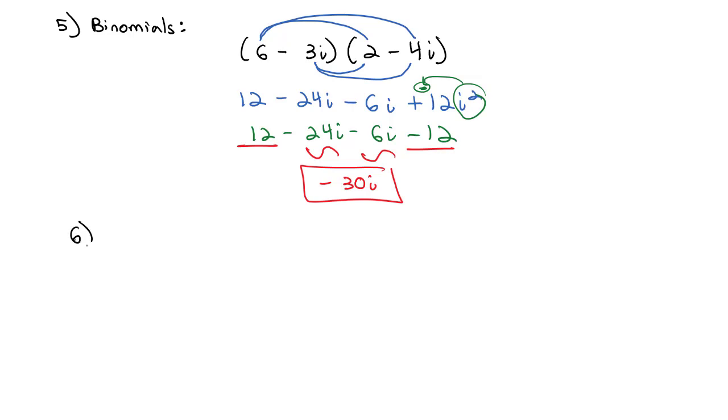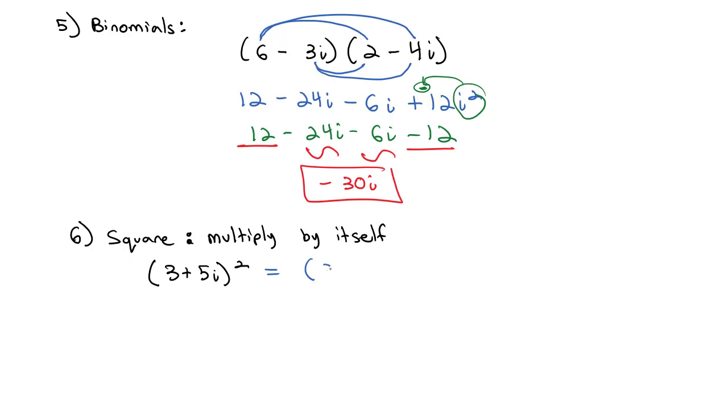Very closely related to multiplying binomials is squaring a binomial. When we square a number, we know that means we're going to multiply by itself. So if I have 3 plus 5i, and I want to square it, I know that means I'm actually taking 3 plus 5i times itself, 3 plus 5i.